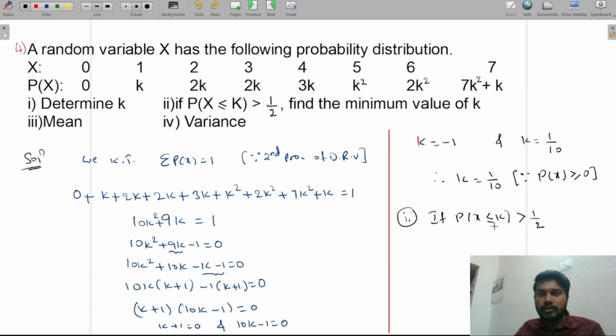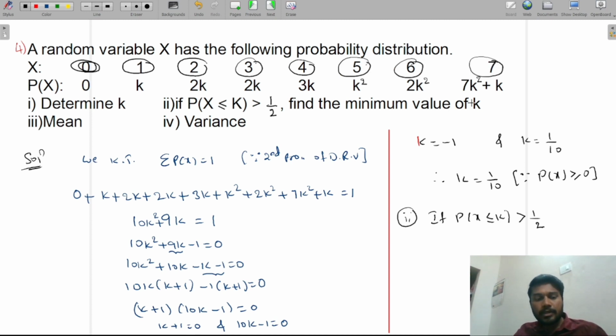Okay, right. So what I'm doing is, in the place of k, I'm substituting first 0, later I will substitute 1, and then 2 and 3, later 4, and after that 5, and after that 6, and at last I will substitute 7. Okay, right. So we'll see the solution now.